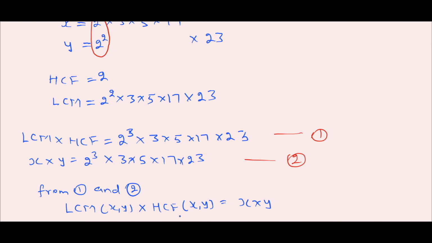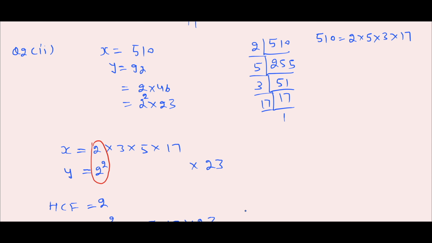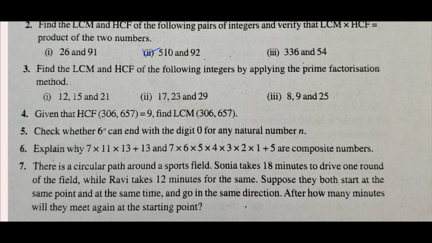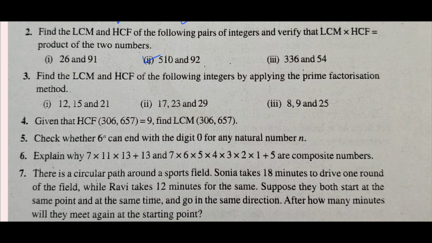So LCM into SCF of two numbers is equal to the product of the given numbers. So in this way, we solved the second part of question number 2. Similarly, 26 and 91 are smaller numbers, and 336 and 54 you can try by yourself.